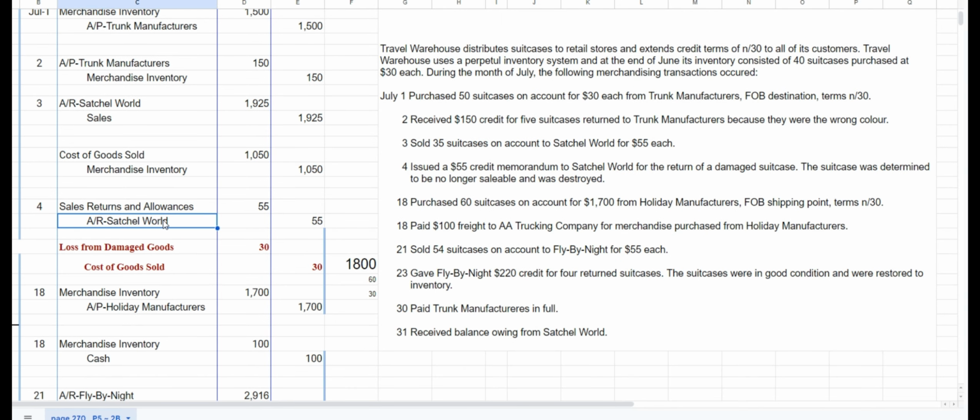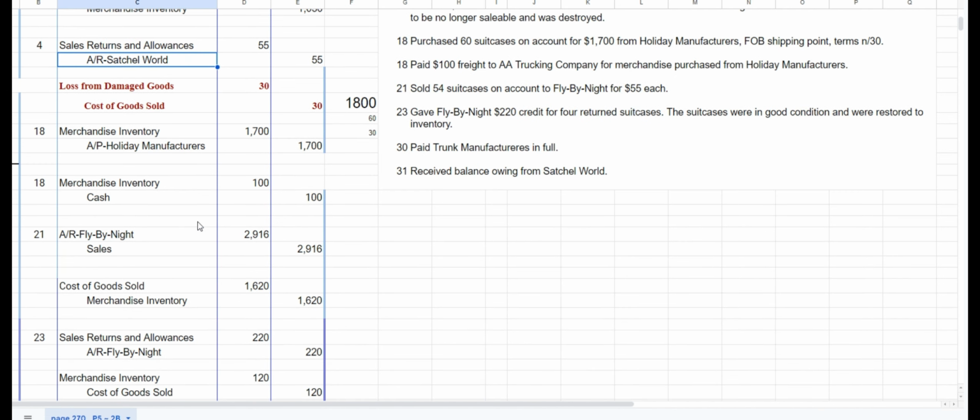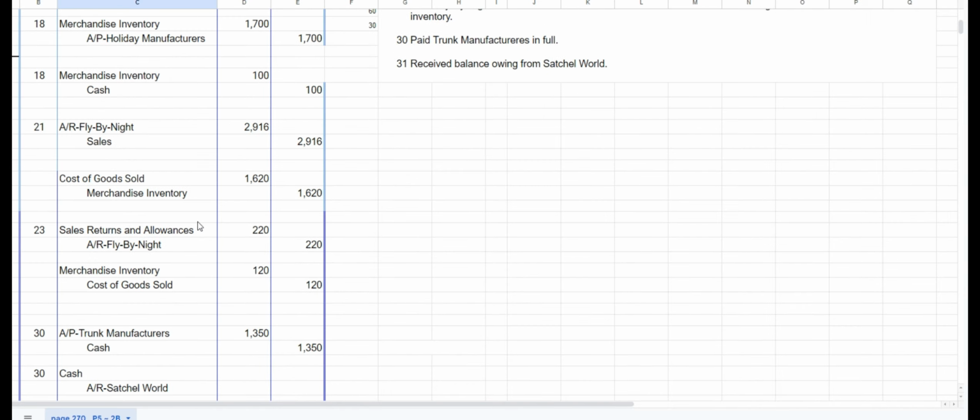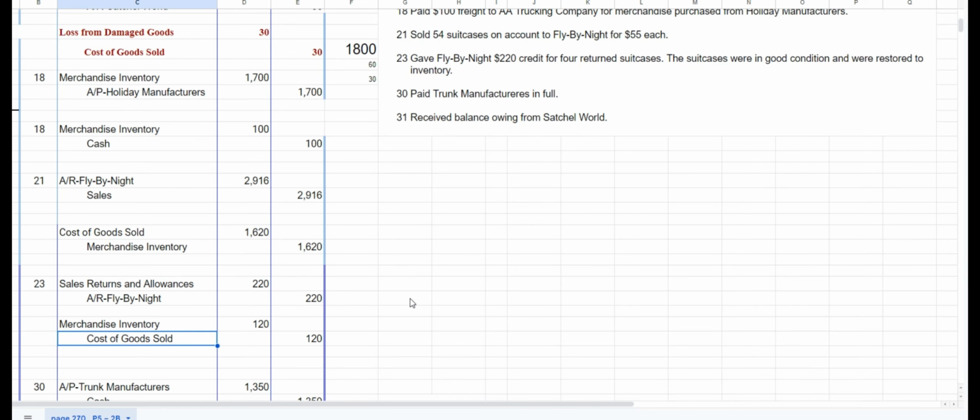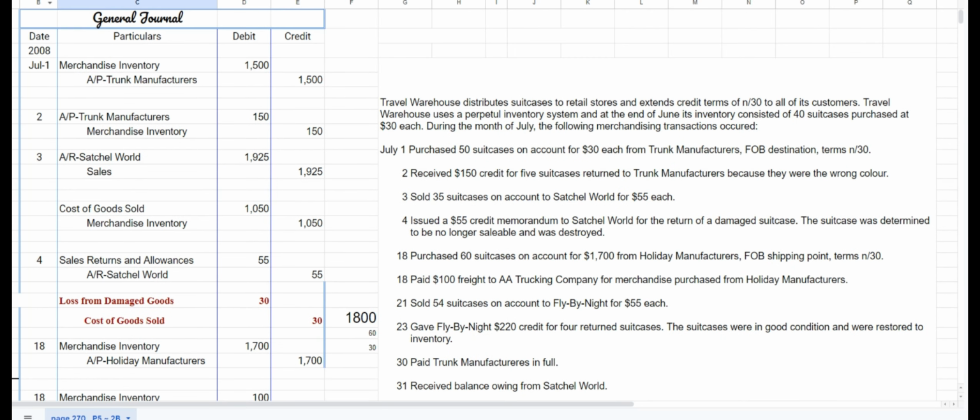So here, they owe you $1,925, but then you gave them an allowance, so they owe you $55 less. So 1,925 minus 55 is 1,870. So that's the amount of money that they're going to pay you. So that is it for this question.